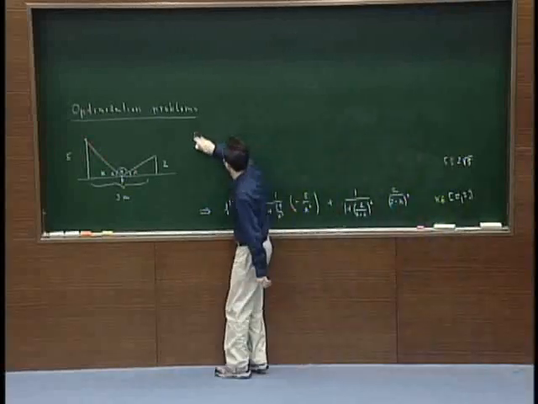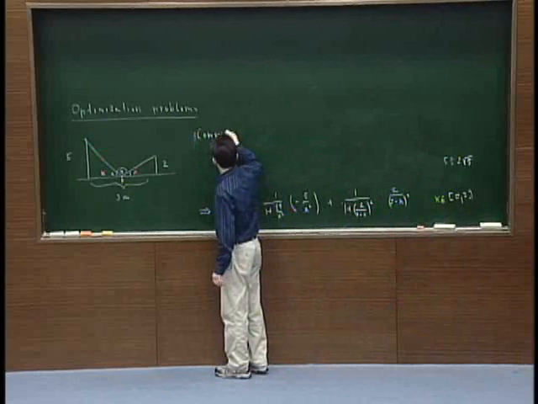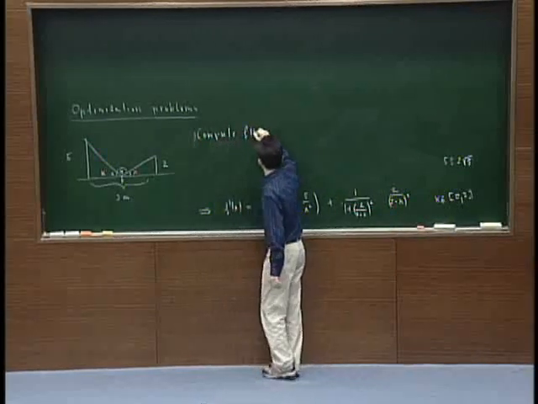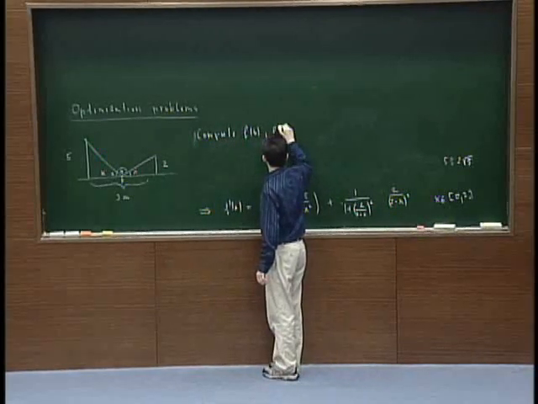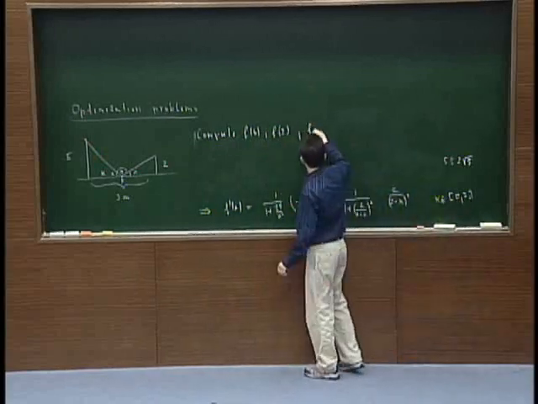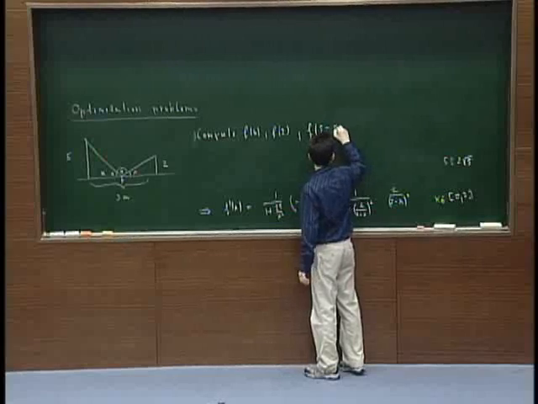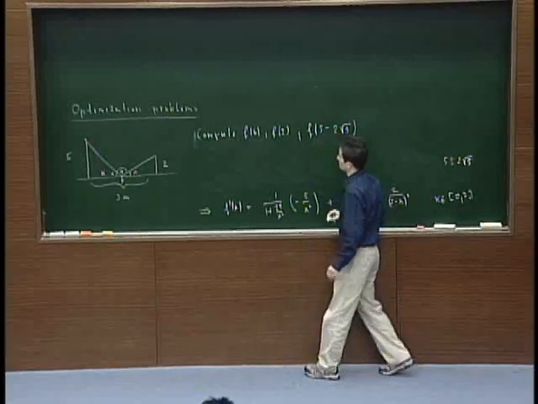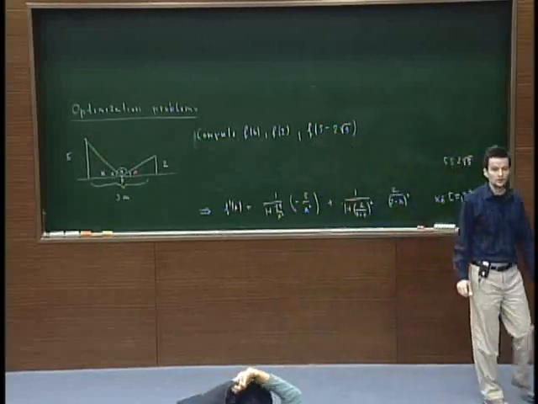Okay, so now compute f of 0, compute f of 3. These are the two boundary values, and compute f of 5 minus 2 times the square root of 5. Okay, and you will observe that this here gives the smallest value.